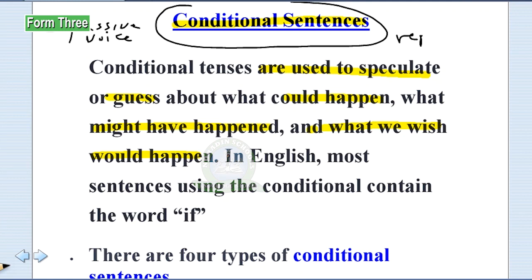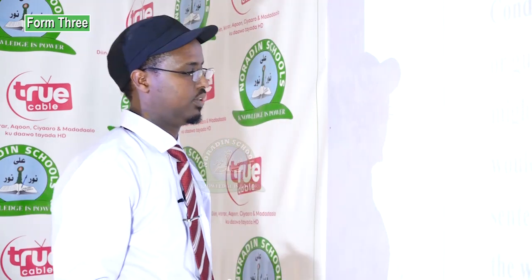If you don't know tenses, you will not understand reported speech. So if you need to know more about conditional tenses, I'm really advising you to go back to tenses and master all tenses, whether it's present simple, present continuous, past simple, future simple, past continuous, and all other tenses, inshallah. Okay.